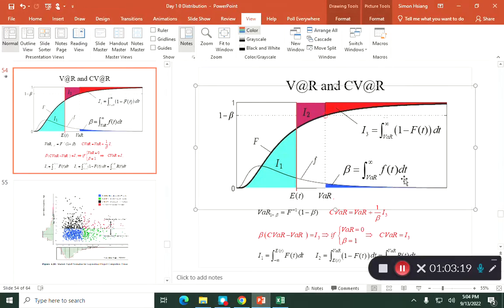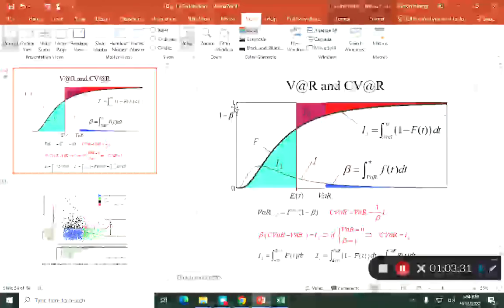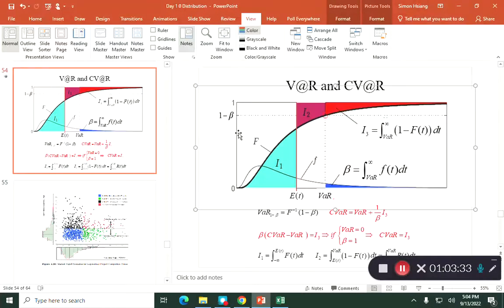Agree? Okay? Now if I have a beta value, I can translate this into my CDF. From here to the ceiling is 0 to 1. If from here to here is 1 minus beta, where is beta? It's from here to here, right? This height is called beta. Would you agree with me?